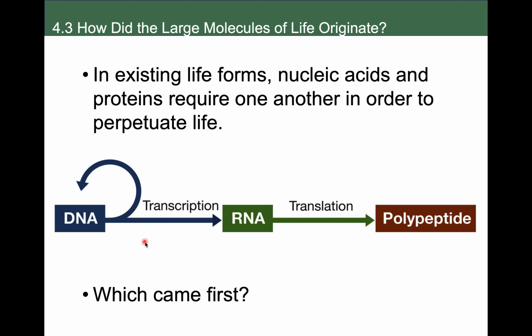Another question that's interesting to think about is, in terms of the central dogma, which of these molecules came first? So DNA to RNA to protein. And it's tempting to say, well, proteins would have come first because they're carrying out all the important work in cells. But of course, it's a bit of a chicken and egg problem because in all living cells, we need DNA to actually be able to produce proteins.